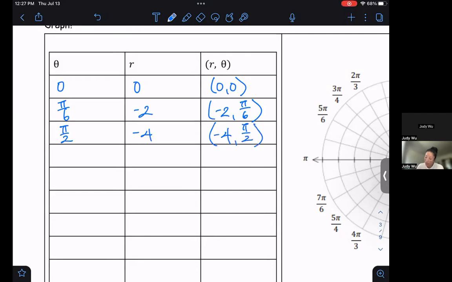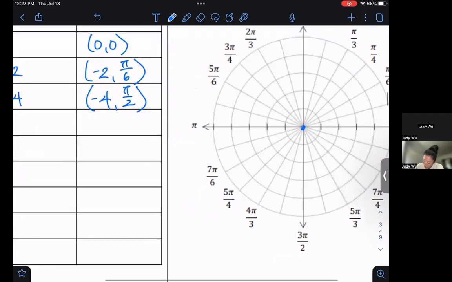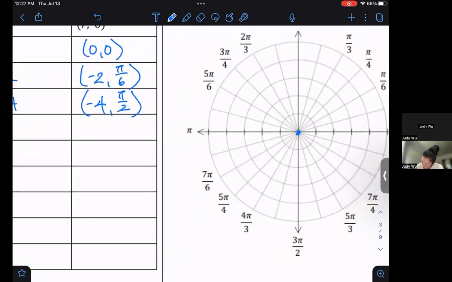All right, so let's plot those points so far and see what we get. We get 0, 0. We get pi over 6, -2. That's here. And I get -4 comma pi over 2, 1, 2, 3, 4. Okay. Now this is symmetric about the y-axis.